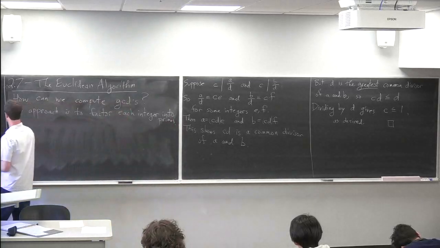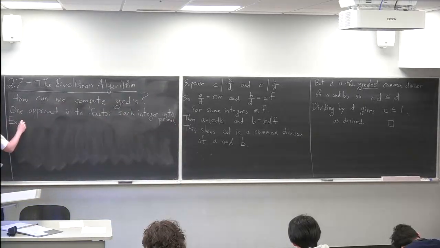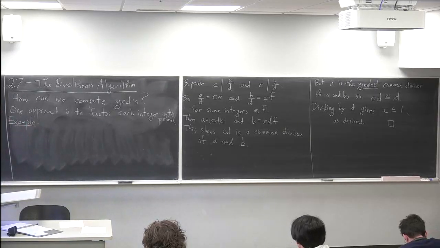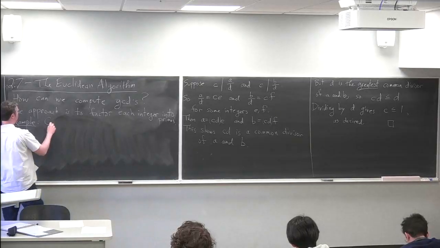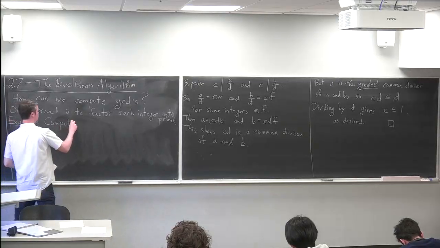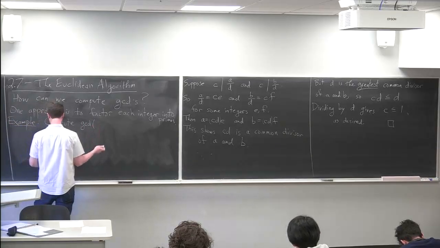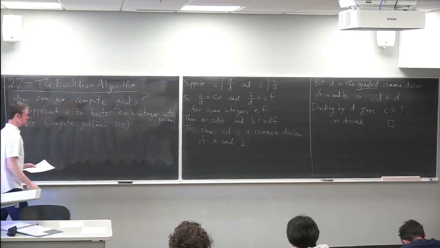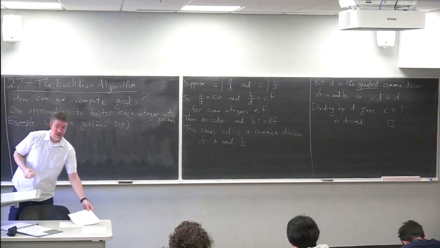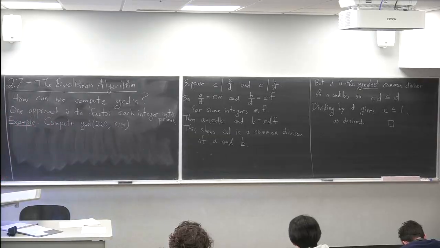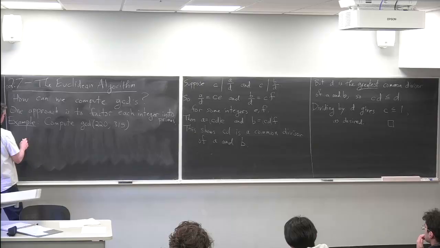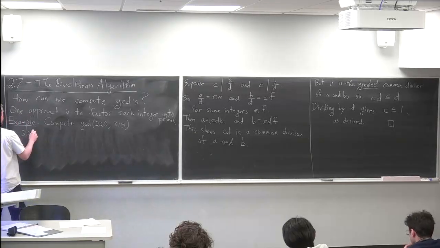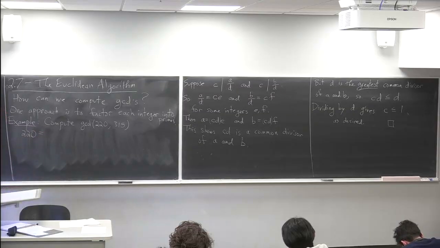So, for example, here's something you could do, which would be valid. Say you wanted to compute the GCD of 220 and 315. Let's say you took 220 and tried to start factoring it.